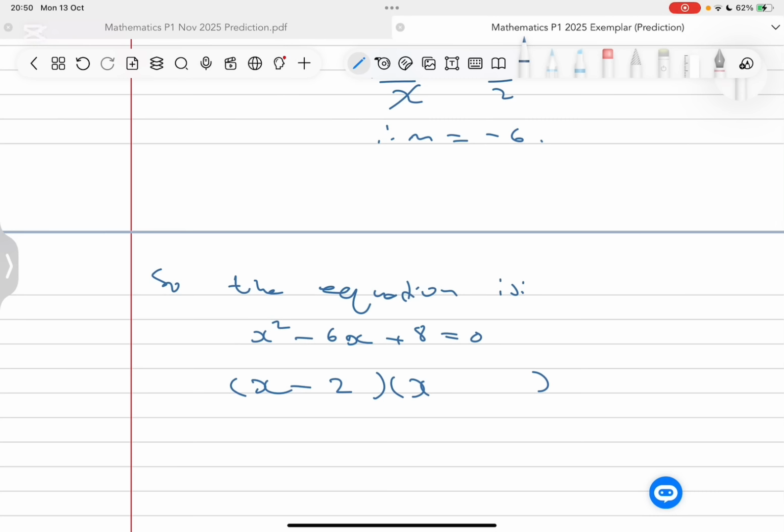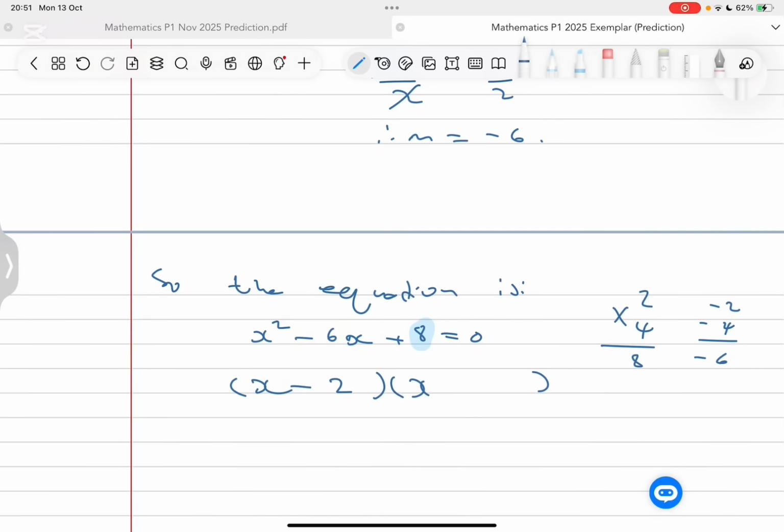So obviously we're going to do this the traditional way by looking at the factors of 8, which I know one of it should be the 2 and a 4, because when you say 2 times 4, you actually get the 8. But when you say negative 2, negative 4, you then get a negative 6, which is what is here.